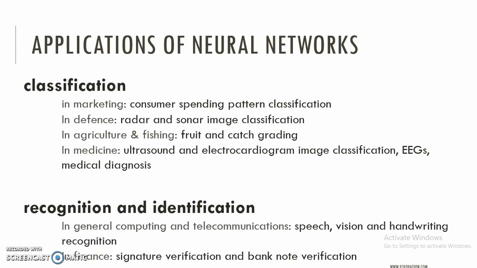There are a lot of applications, like classification examples and recognition and identification examples. Let's suppose in classification the problem is in marketing: on the basis of consumer spending, we classify products and how much they are spending on each particular product, so we can classify in terms of marketing.